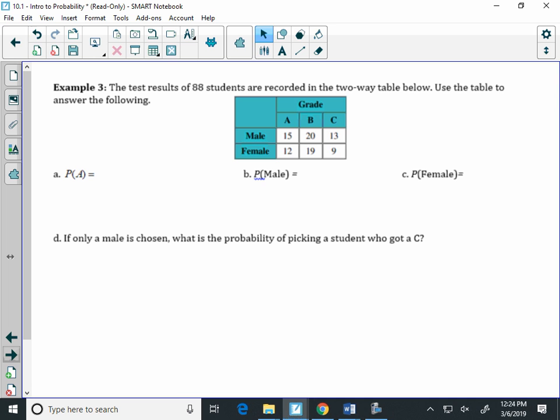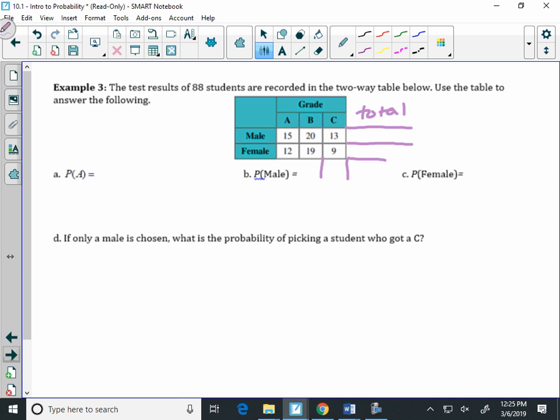And when we're given a table and trying to find probabilities from it, sometimes we're given the totals. Sometimes we're not given the totals in each column. So when that happens, what we're going to do is make our own total columns, just so we have them and our work is organized. You just kind of have to extend your table a little bit.